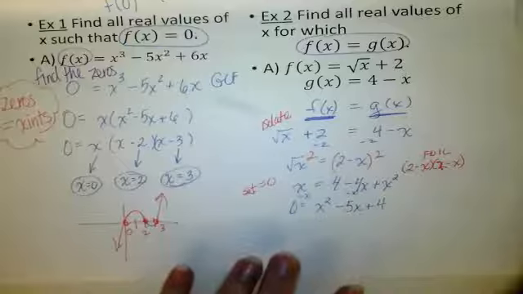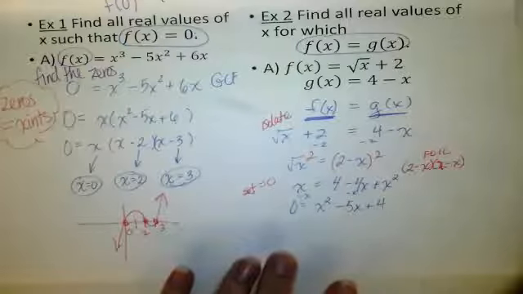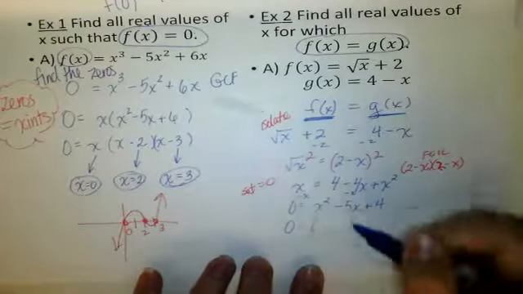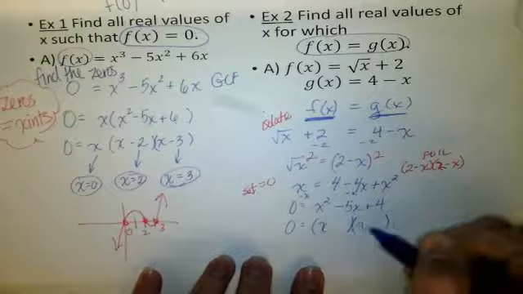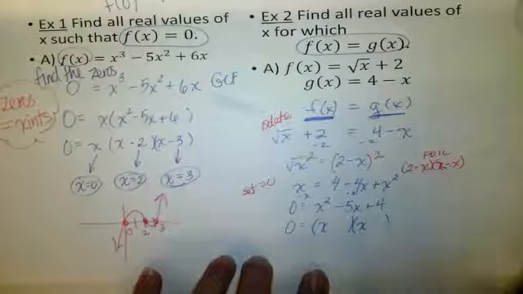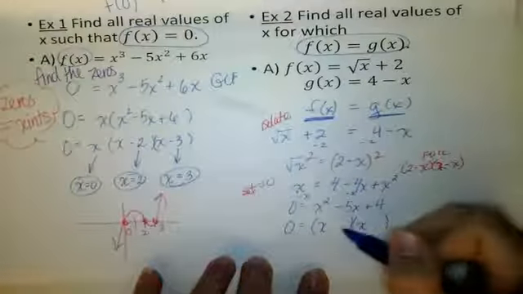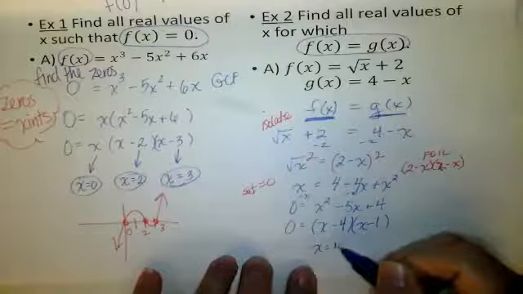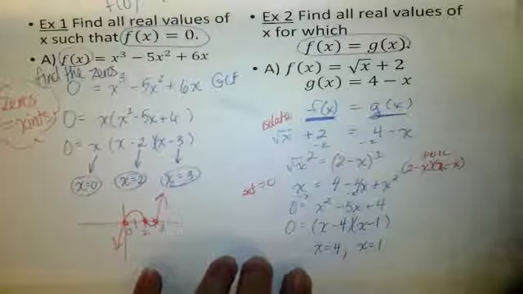You got it, right? Okay, and then what do we do? Double bubble factor. Very good. What times what? Good. Negative 4, negative 1, which means x equals 4 or x equals 1.